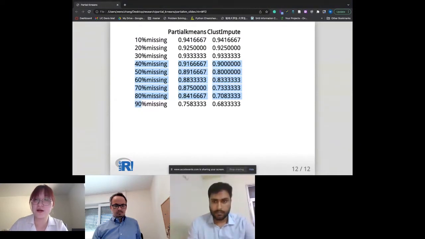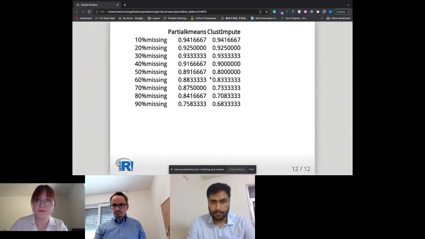And notice here that as the percentage of missing values increases, our method has an even higher accuracy over ClusterImpute.